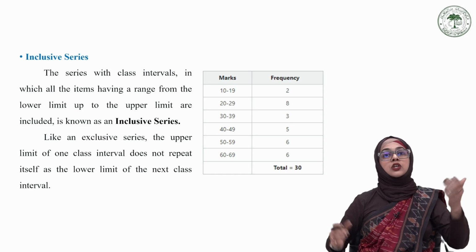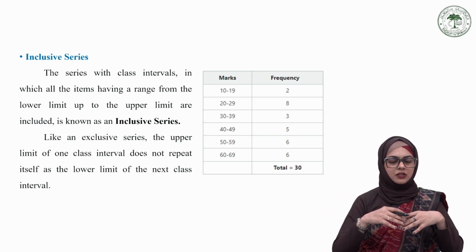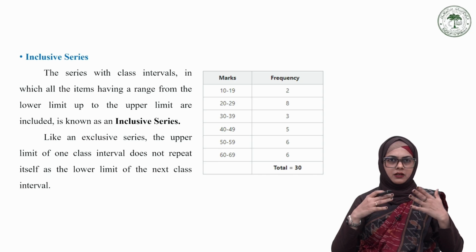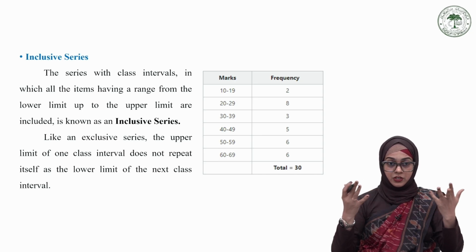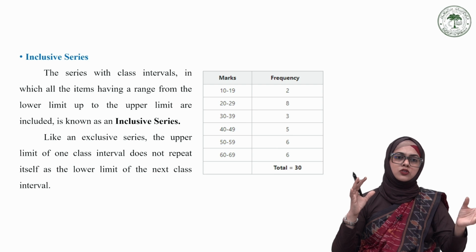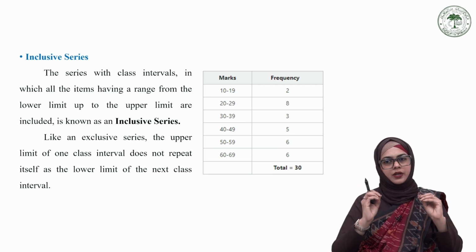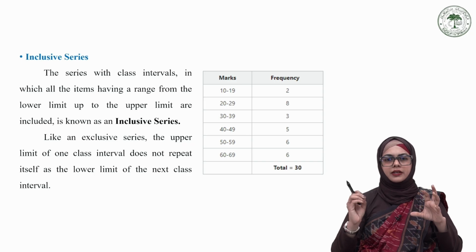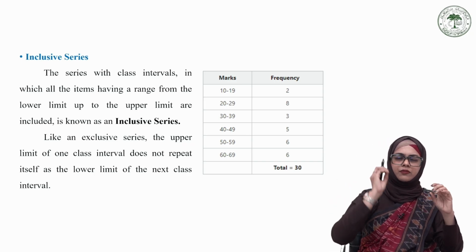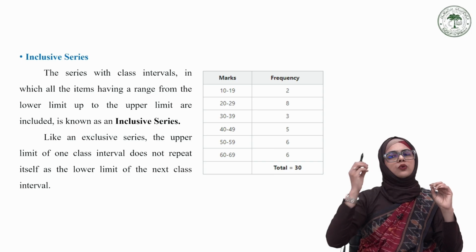The second is inclusive series. So here the values are included, unlike exclusive series in which it was excluded. The range from the lower limit to the upper limit are all included here. So if you have 10 to 19, of course, the 19 would be coming in the 10 to 19, and from 20, it will be from 20 to 29.